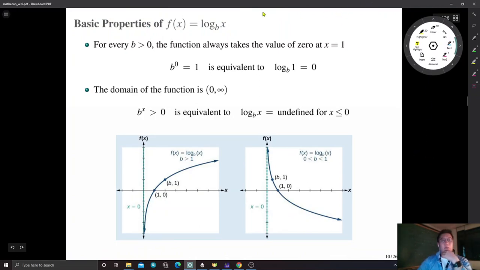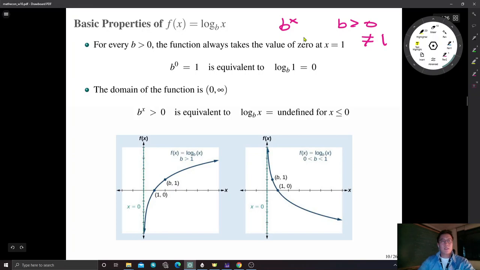Finally, let me illustrate some basic properties of the logarithm. Once again, the logarithm is defined as the inverse of b to the power x, and remember we put a restriction on the base b: b is some positive number other than 1.